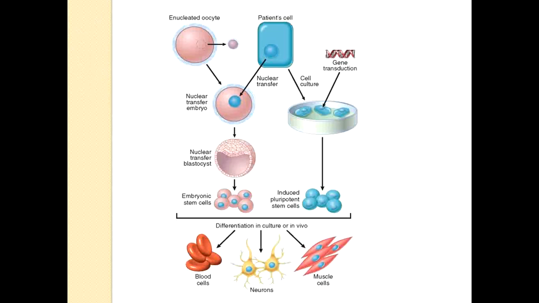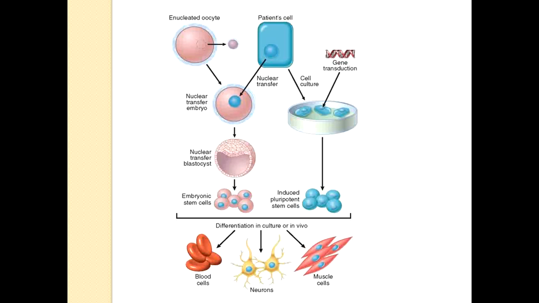So this figure shows the stem cell therapy using the embryonic stem cells and induced pluripotent stem cells. On the left side, cell nuclei from a patient are introduced into an enucleated oocyte.